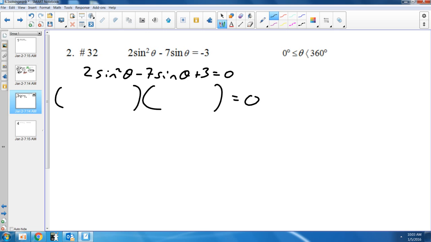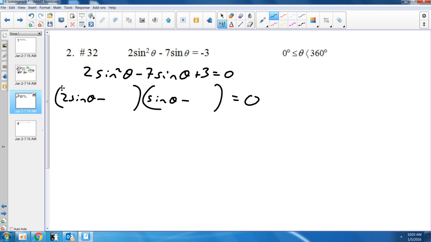Trying to keep things relatively lined up. 2 sine theta has to go into those first spaces. I also know that because this is plus and this is minus, it has to be a minus and a minus. I'm certain that is true. The only thing now is a choice on where the 3 goes, the 3 and the 1.